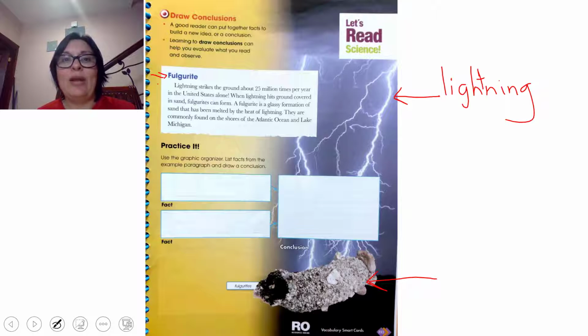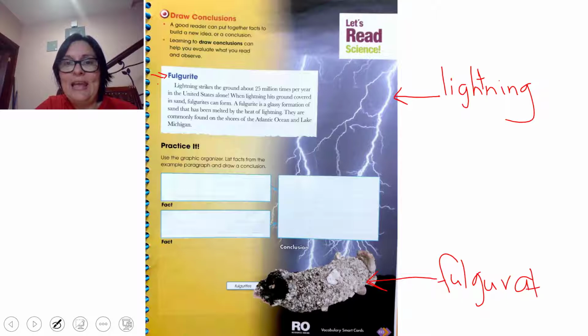Lightning strikes the ground about 25 million times per year in the United States alone. When lightning hits ground covered in sand, fulgurites can form. A fulgurite, that is this one, is a glassy formation of sand that has been melted by the heat of lightning.